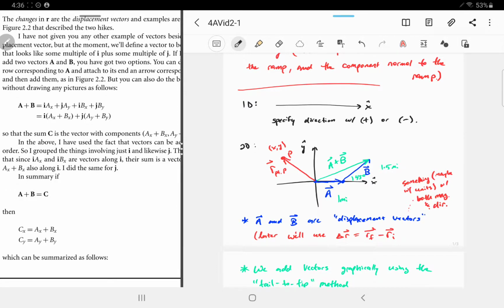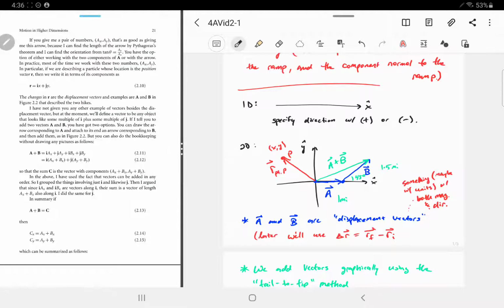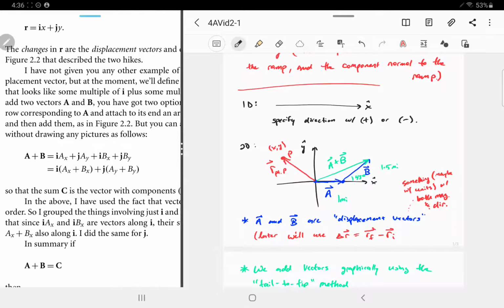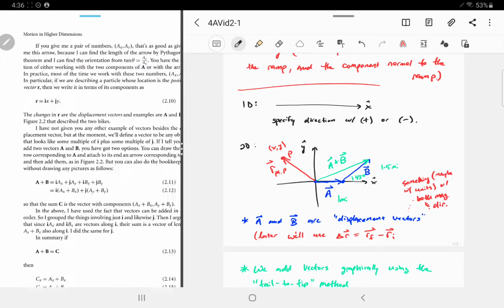Then the y component of a is 0, the y component of b is positive. You add them together, you get 0 from this one, plus something positive here. That's the y component of vector a plus b. So that's exactly what equation 2.12 is saying. You can just take the x components of two vectors, add them together, and take the y pieces and add them together to get the components of the overall vector, a plus b.